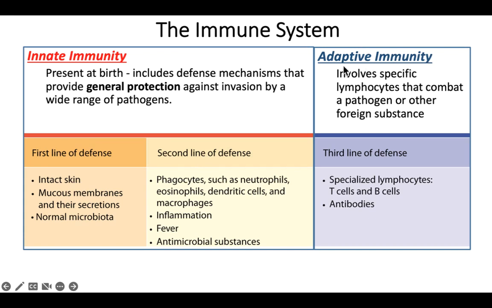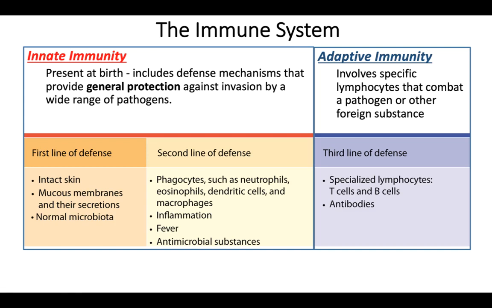Then we have what's known as the adaptive immune system, or adaptive immunity. And again, this is the part that develops with time, so it adapts, it gets better. It involves lymphocytes, all right? So this is all about knowing your lymphocytes. So we'll talk about cytotoxic T cells, helper T cells, and B cells.